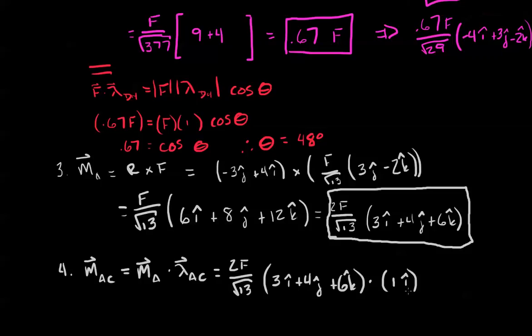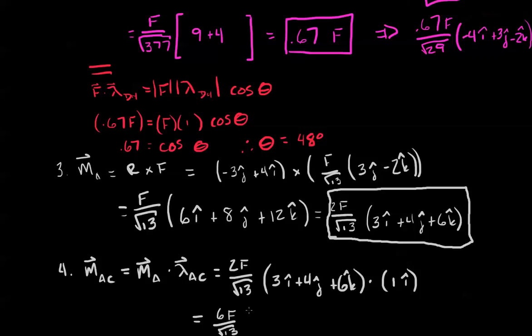That's a pretty simple one right there, right? So if we do that, the j and the k, nothing's going to happen. We're going to multiply 3i times 1i. So we're simply going to end up with 6F over square root of 13. So this is the amount of that moment that would be applied if the block were constrained along the AC axis.